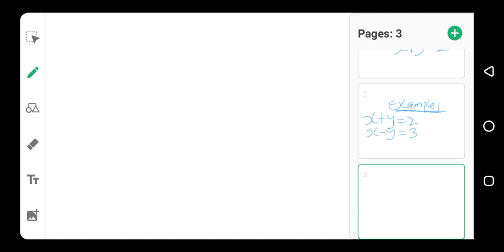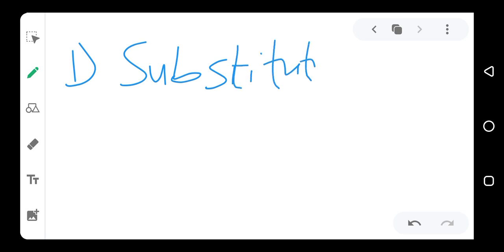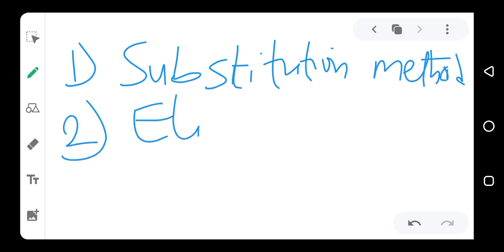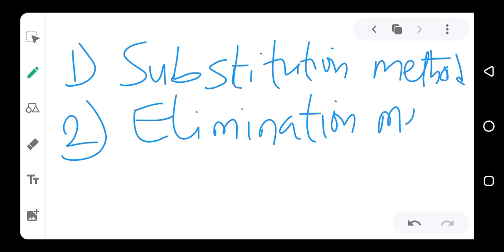Number one is substitution method, and number two is elimination method.